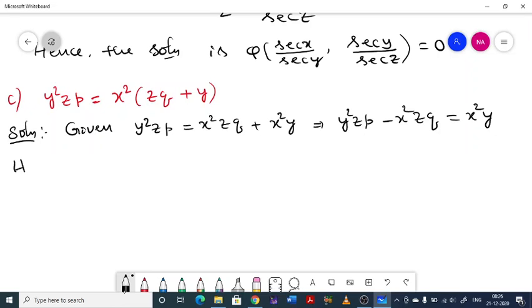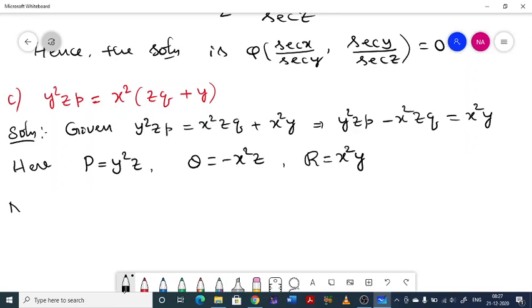So here p equal to y square z, q equal to minus x square z, r equal to x square y.